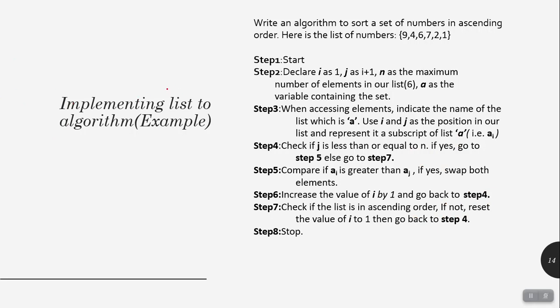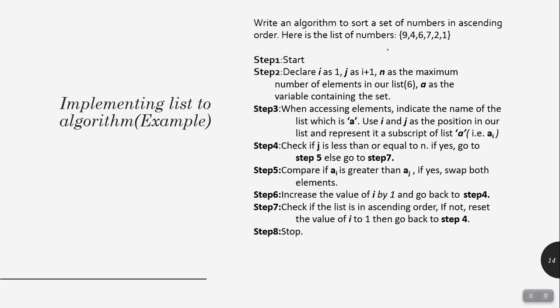I mean to say, the value of j depends on the value of I. N as the maximum number of elements in our list, which is 6. You just have to count the number of elements in our list: 1, 2, 3, 4, 5, 6. So automatically n is equal to 6. And then A as the variable containing the set.